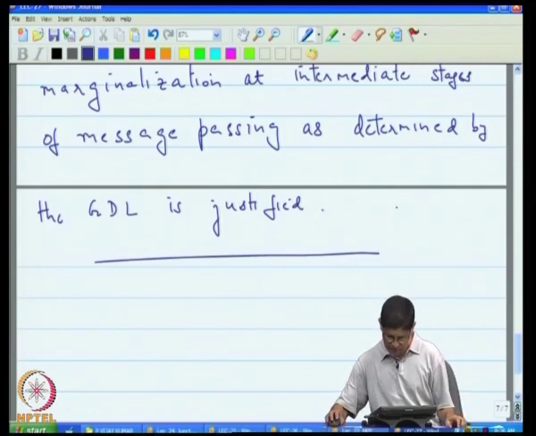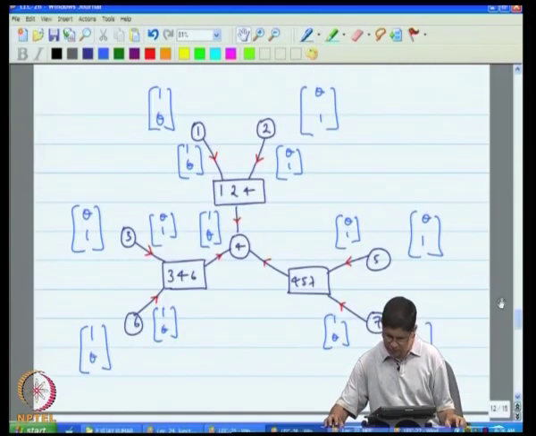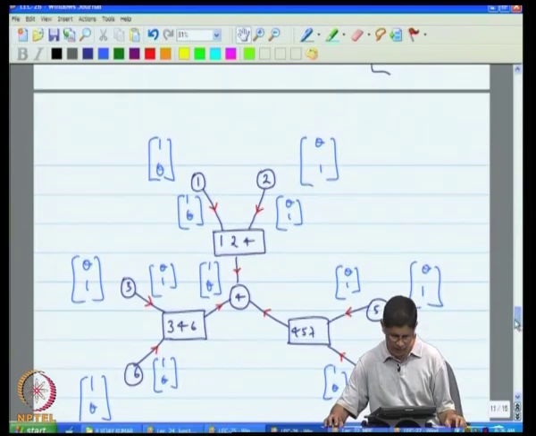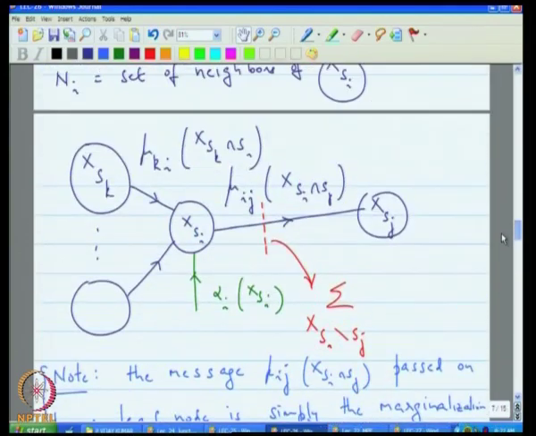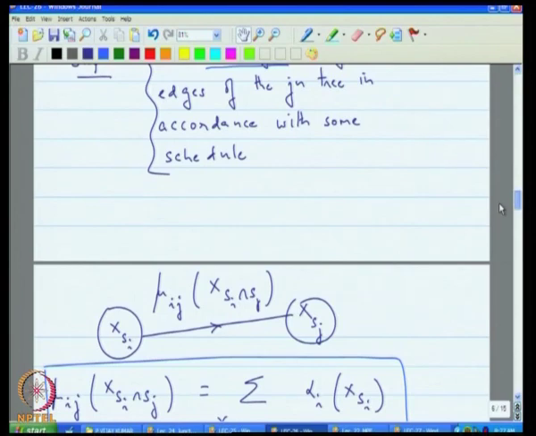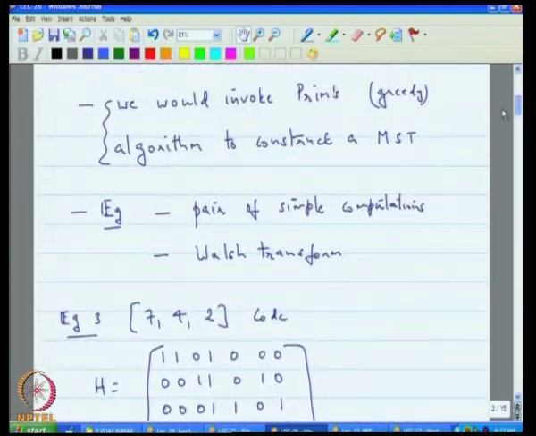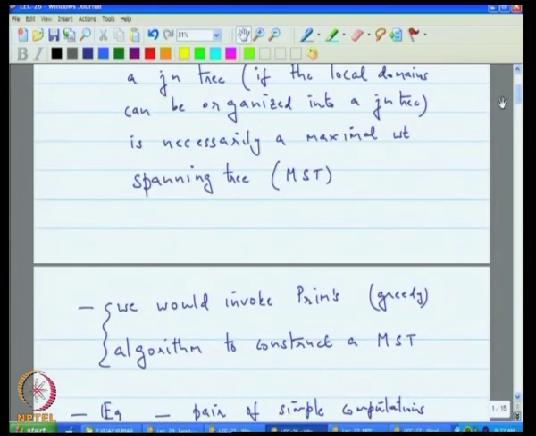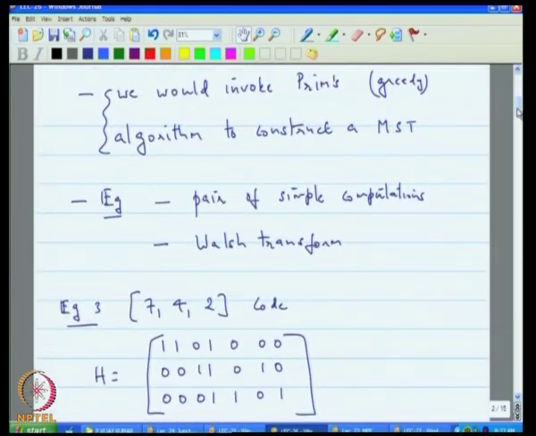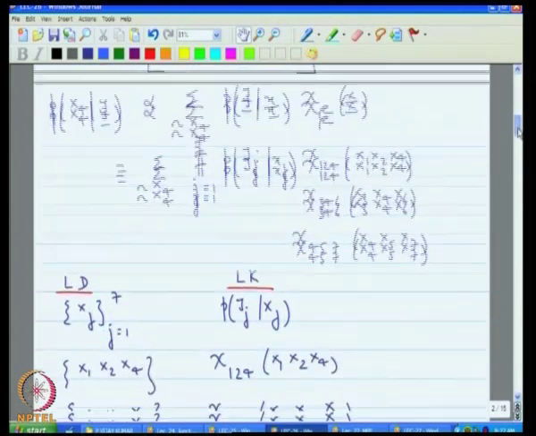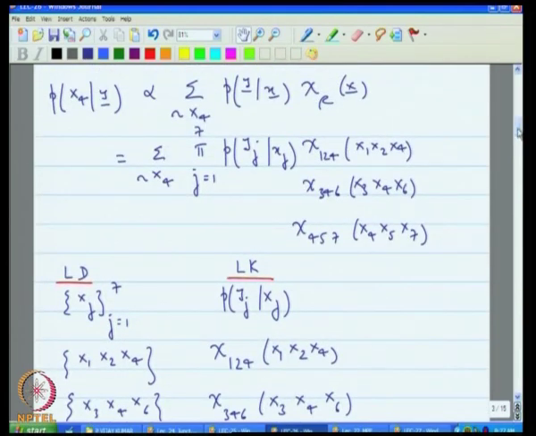Now I want to actually repeat the same example that we did here, with the difference that I want to consider, in place of maximum likelihood code symbol decoding, maximum likelihood code word decoding.